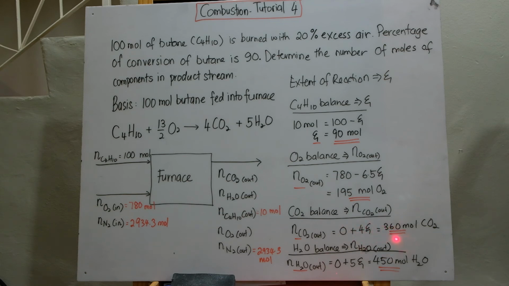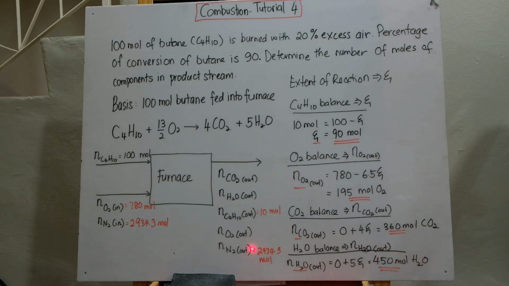So you obtain the number of CO2 produced is 360 mole of CO2. For the H2O balance, I'll obtain my H2O out, or produced, equal to 0 which goes in, plus 5 times the extent of reaction. So I obtain water produced of 450 mole of H2O.